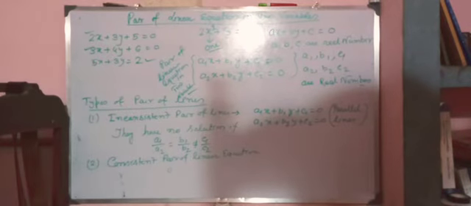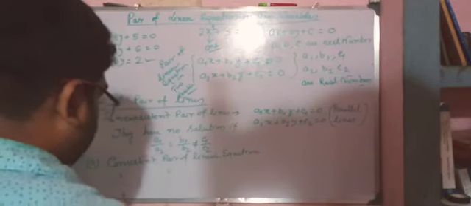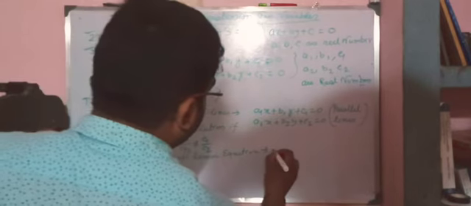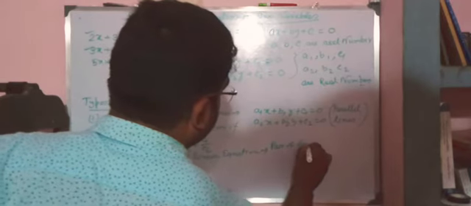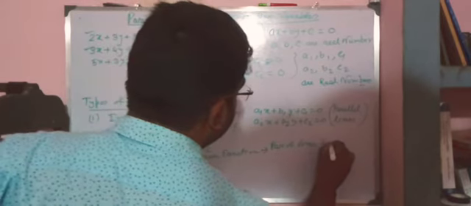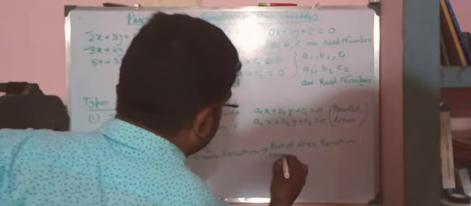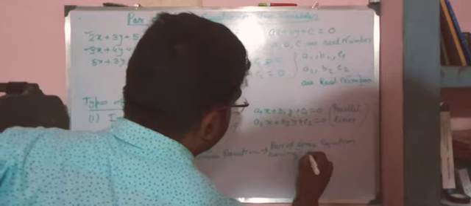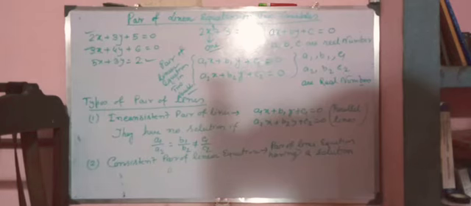Okay. Now, for consistency, a pair of linear equation of two variables which has a solution. Pair of linear equation having a solution. Hope you are able to see it.